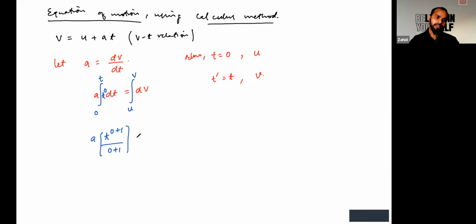So instead of writing this multiple times, just define that integrating this term will give you t. Here the limit is 0 to t. Similarly, we have dv, so on integrating, it gives you v. Just put the limit from u to v. Is it clear?